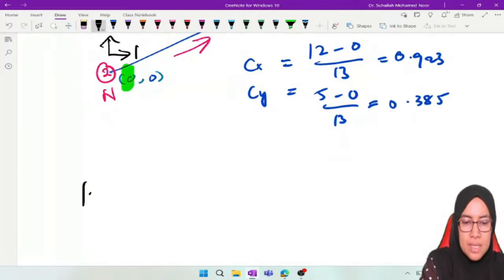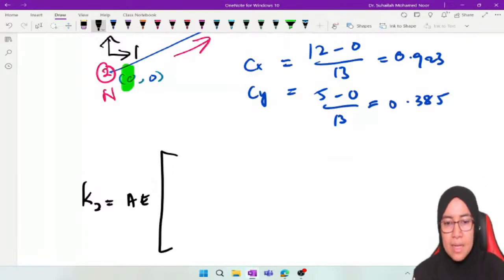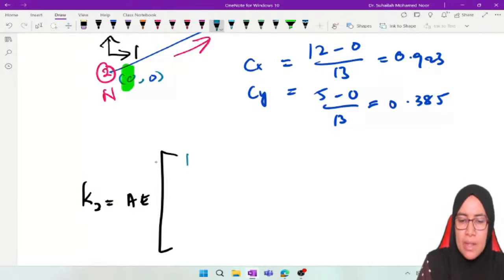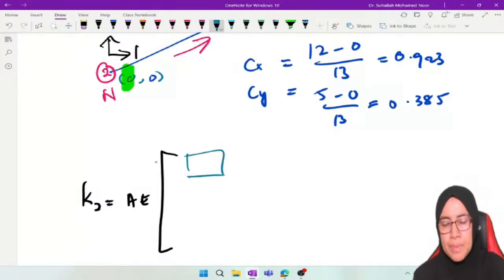For K2, in terms of AE, we have to divide by L. It is Cx squared divided by L: 0.923 squared divided by length 13. Please calculate for me the first value.